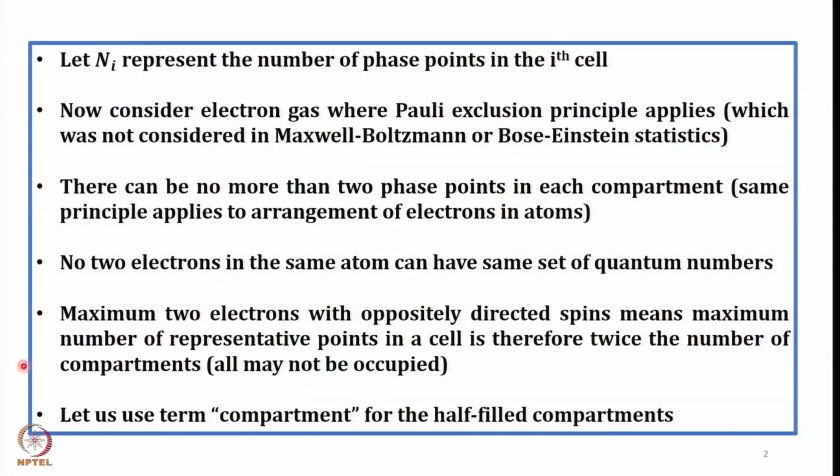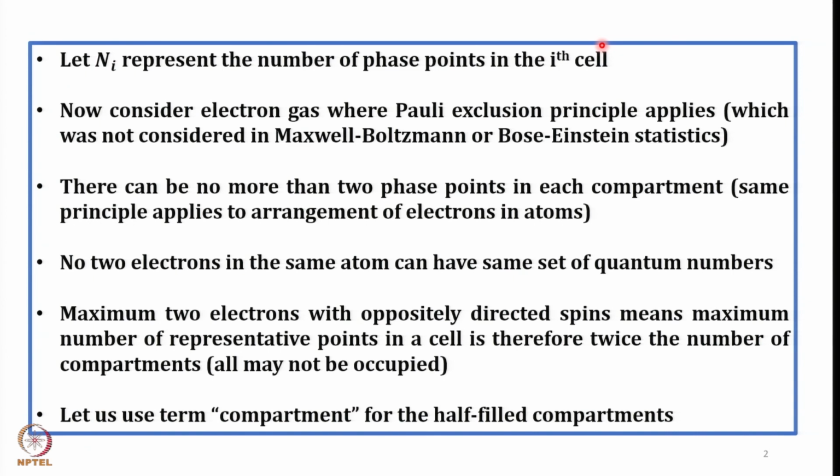So in the way we described in Bose-Einstein statistics, here also let us begin by considering ni number of phase points in the ith cell. As usual, we fix the number of phase points in the ith cell. These phase points can be electrons, molecules, or anything else.